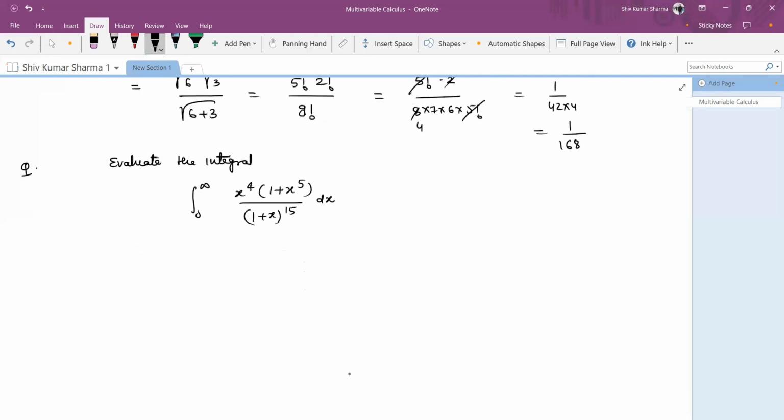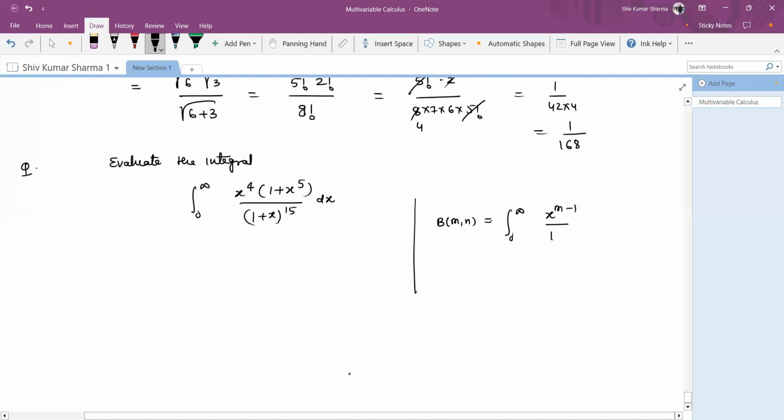So we remember the properties. We also have one relation: beta mn equal to the integral from 0 to infinity of x raised to the power m minus 1 upon 1 plus x raised to the power m plus n into dx. So we follow this relation and write this integral in this form: integral 0 to infinity of x raised to the power 4 plus x raised to the power 9 upon 1 plus x raised to the power 15 into dx.